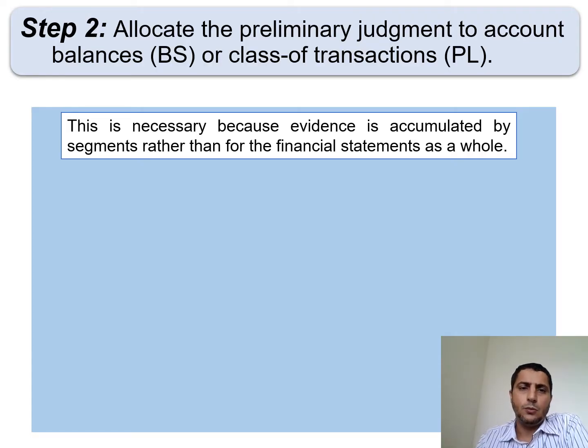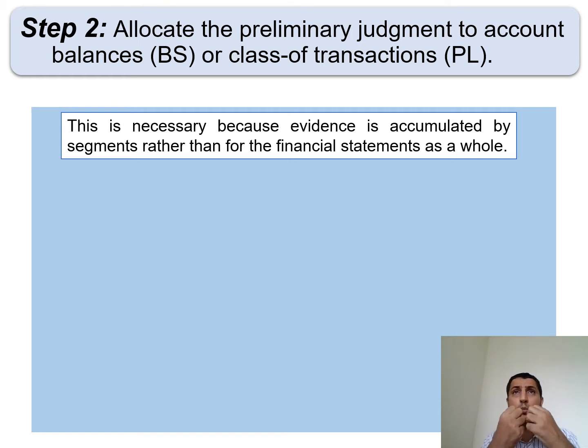So in step 2, we will allocate the preliminary judgment to the account balances or the class of transactions, which means the segment. So this step is very necessary because when we accumulate the evidence, we will collect it based on segment rather than the financial statement as a whole.